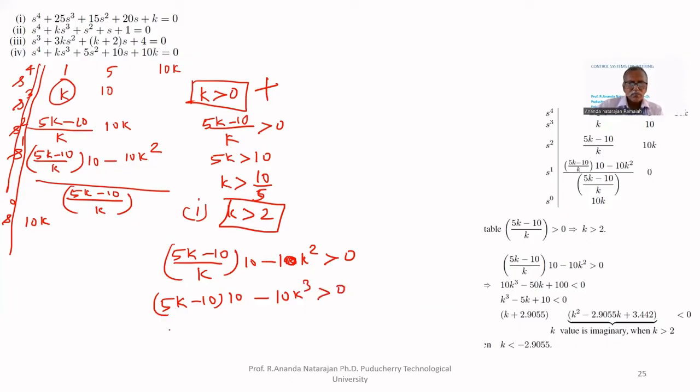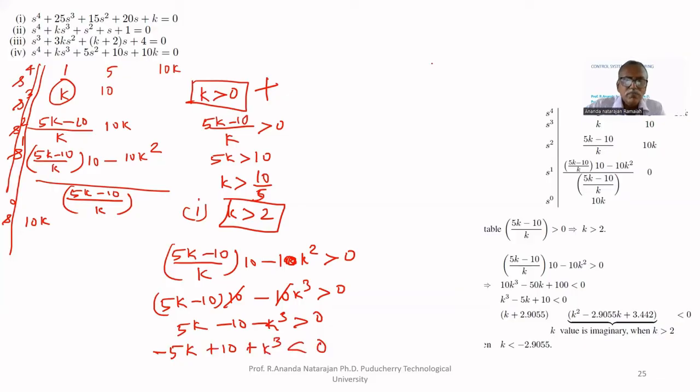The 10 gets cancelled, so 5K minus 10 minus K^3 must be greater than 0, or minus 5K plus 10 plus K^3 must be less than 0.